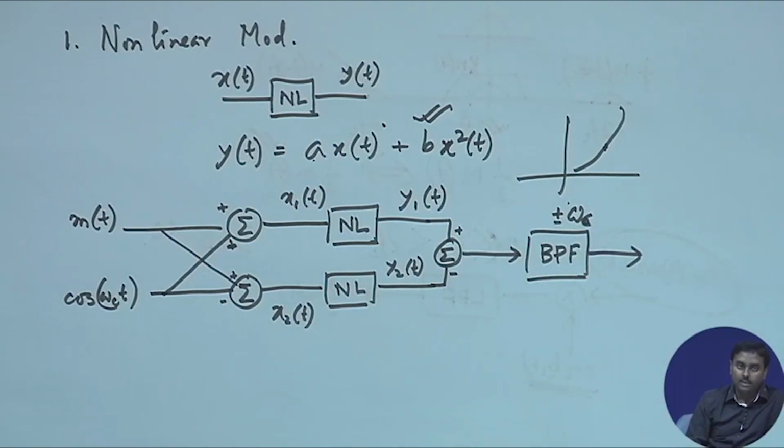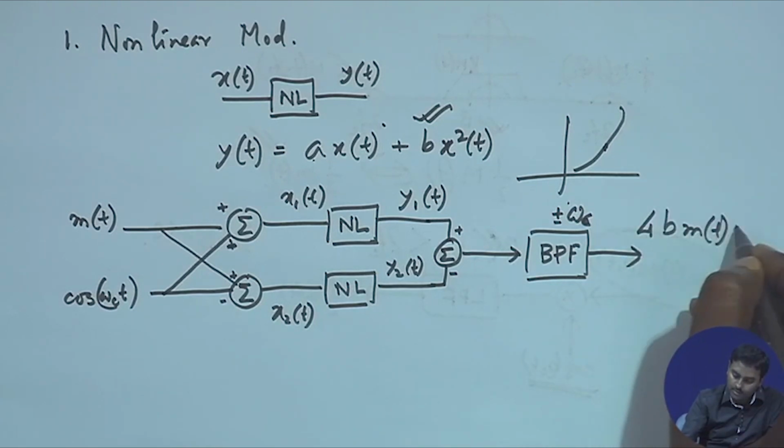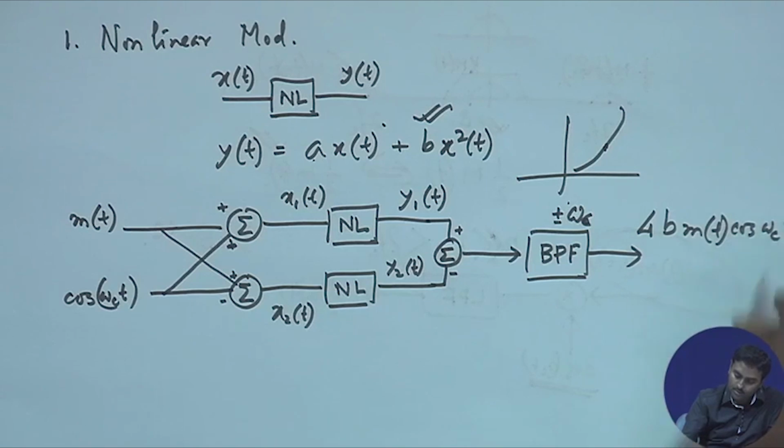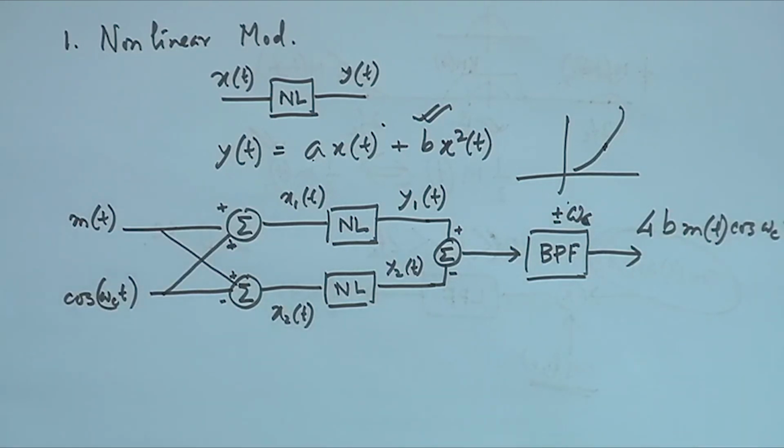The output I will get is 4b m(t) cos ω_c t. If I adjust b to be 1/4, then it is m(t) cos ω_c t, which is our target.